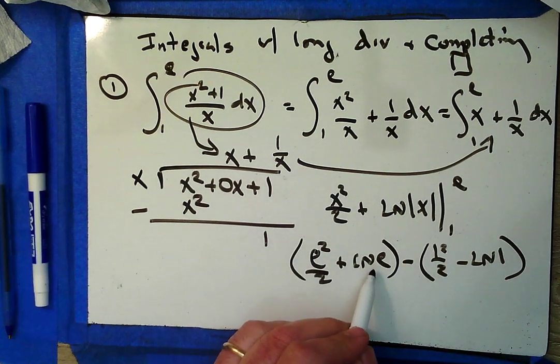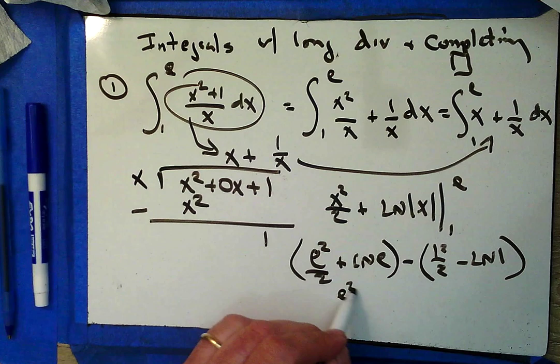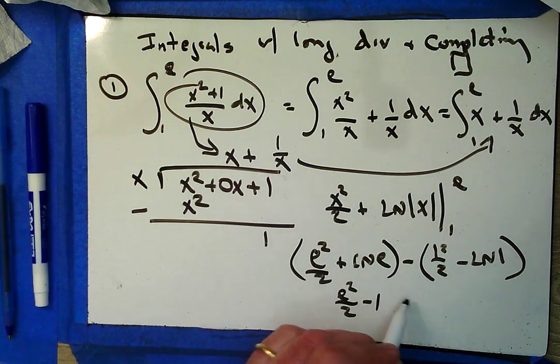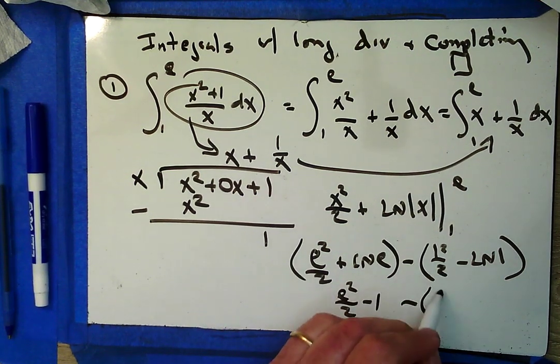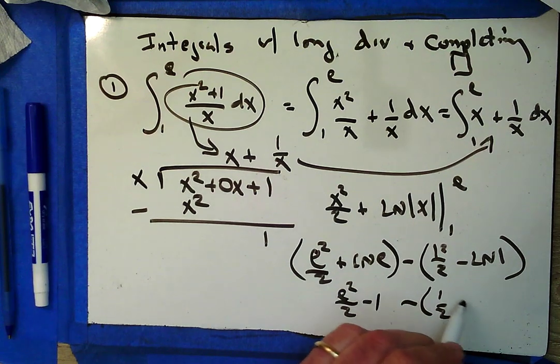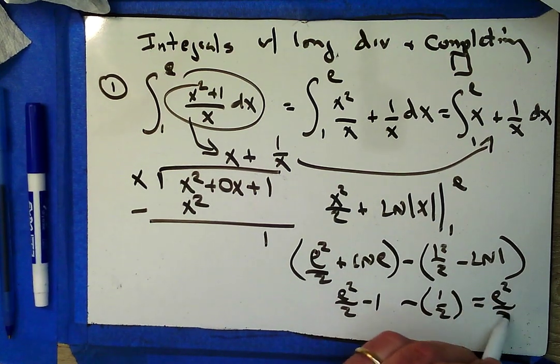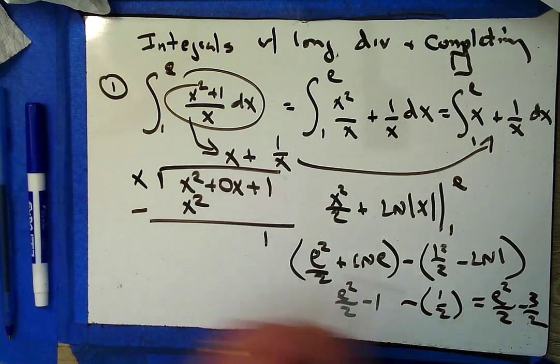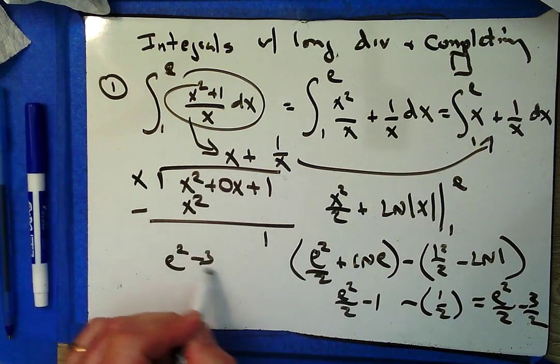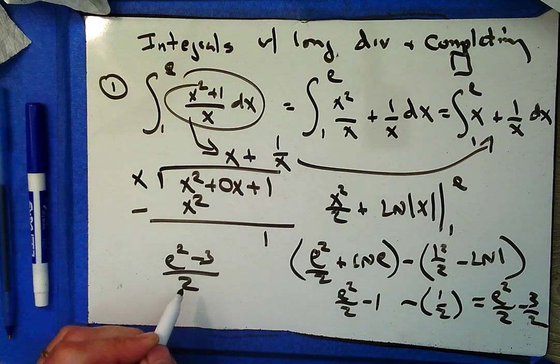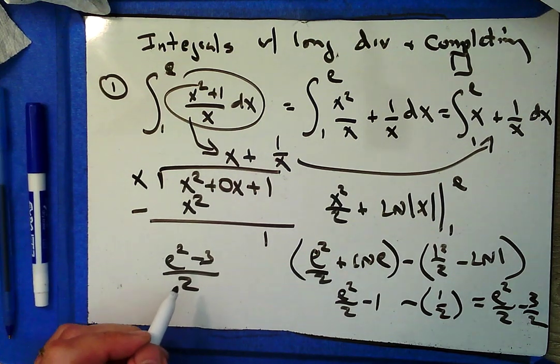Okay, the ln of e is 1, so we've got e squared over 2 minus 1 minus 1/2, and the ln of 1 is 0. So I get e squared over 2 minus 3/2, or e squared minus 3 over 2. E squared minus 3 over 2 is not one of my choices, so I must have made a mistake somewhere.